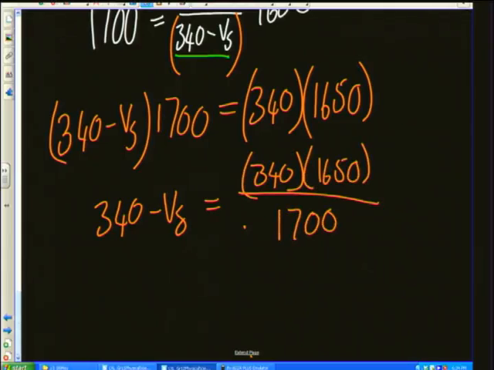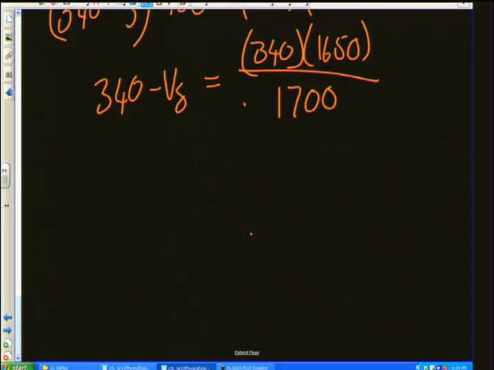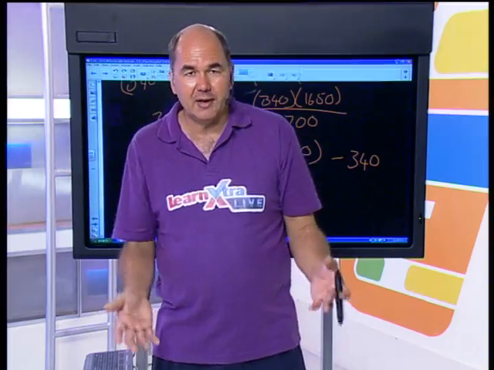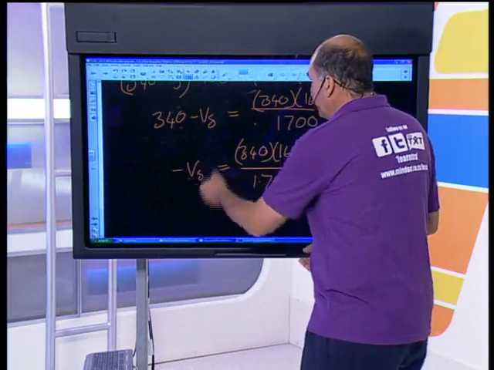And now the last step is to subtract 340 from both sides, and we'll get minus VS is equal to this whole thing, 340 times 1650 over 1700, minus 340. Now, some of you might have wanted to use your calculator sooner. That's fine. I've left it to this point. Don't forget your minus sign.